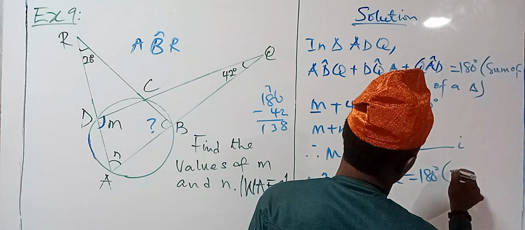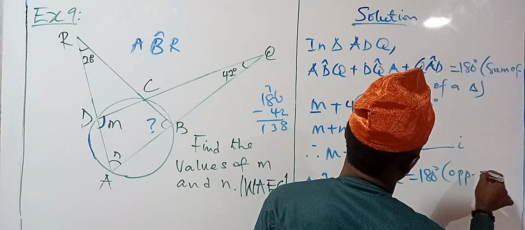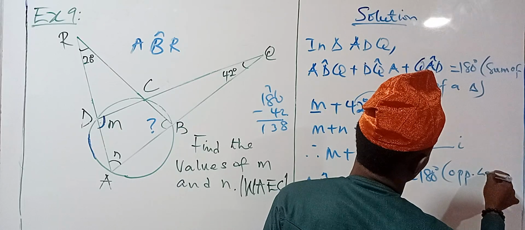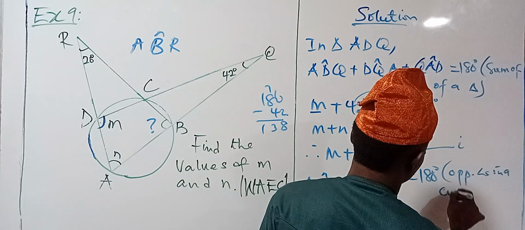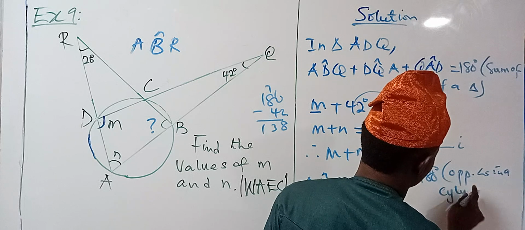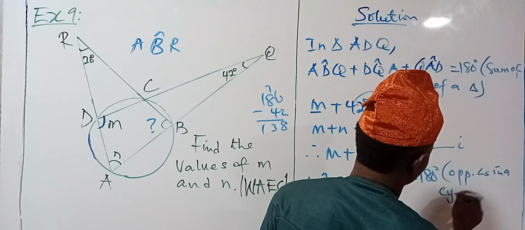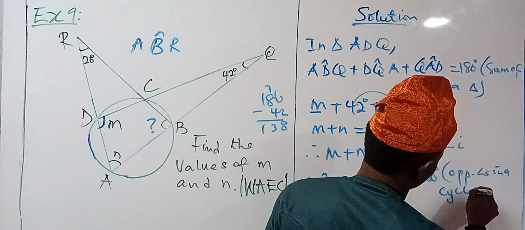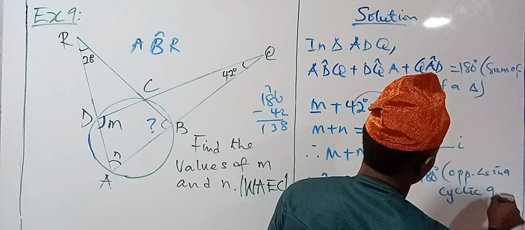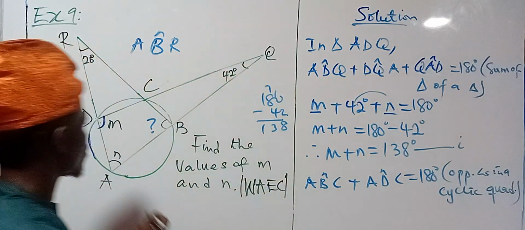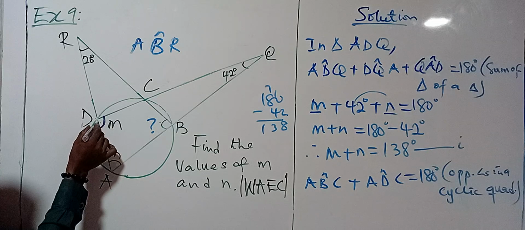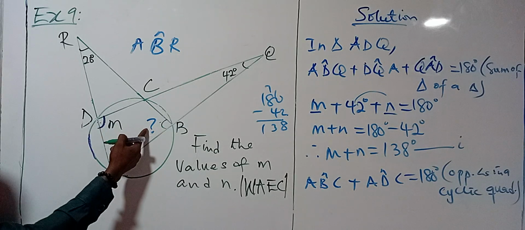What is the reason? They are opposite angles in a cyclic quadrilateral, this angle and this angle.